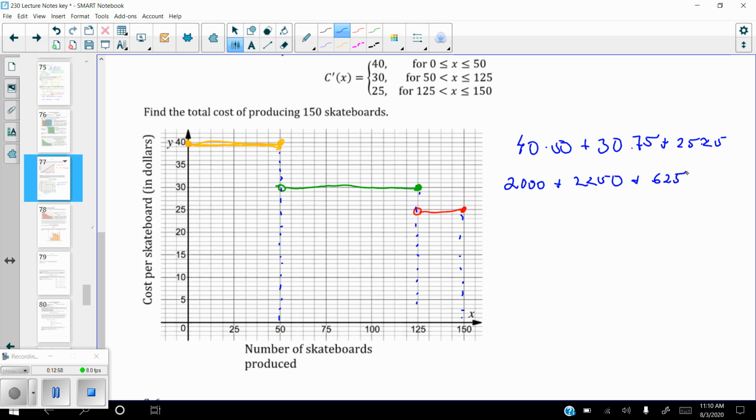All right, yeah, all that seems about right. And then we just add all this stuff up. So 2,000, let's see, 4,000, 4,250, 4,850, 4,875 would be the total number of skateboards sold. There we go.